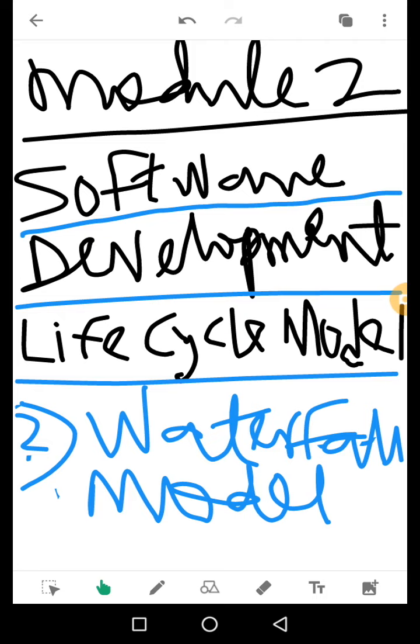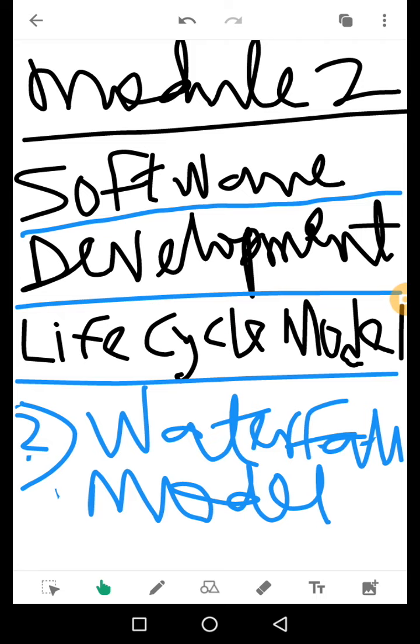So we are moving to number 3 now. V-shaped model. So for the V-shaped model, just like the waterfall model, the V-shaped model life cycle is a sequential path of execution of processes.